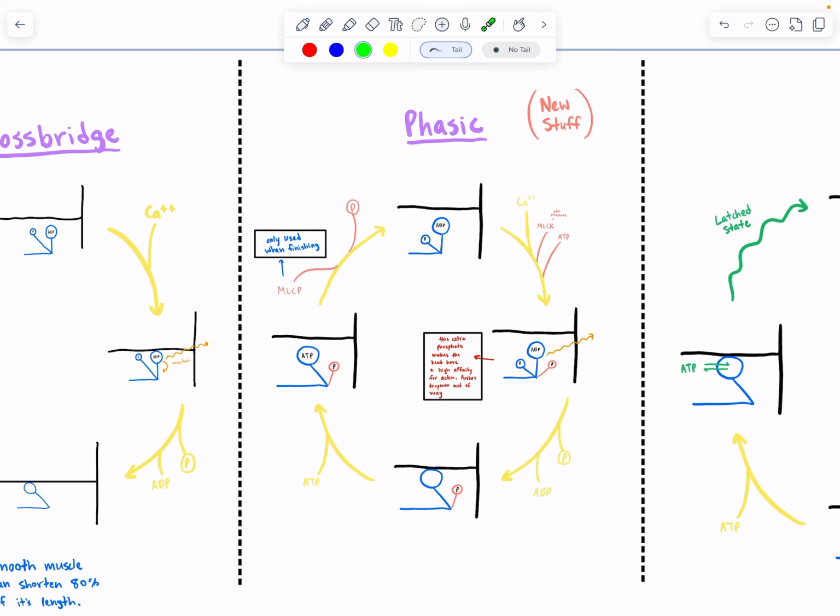So MLCP, which is a phosphatase, which takes off a phosphate, we only use this when we're done with the whole cycle. But the advantage of having this extra phosphate on, another advantage, is that we can just skip that step and come straight back over here and then just add the extra phosphate on. So we don't have to go through this whole step.